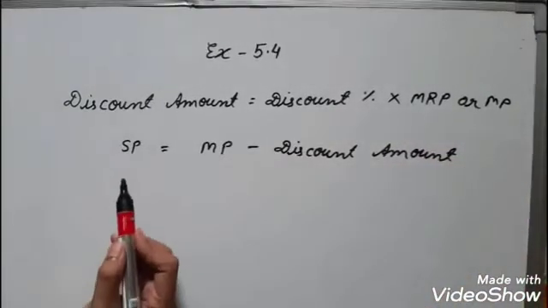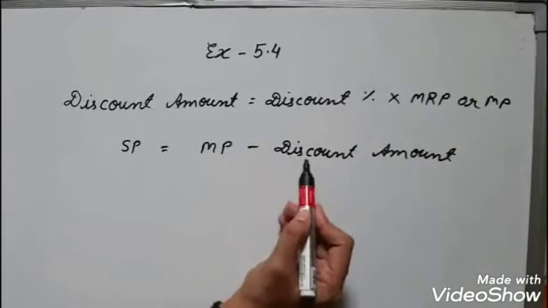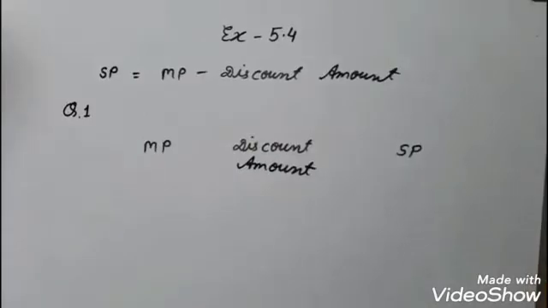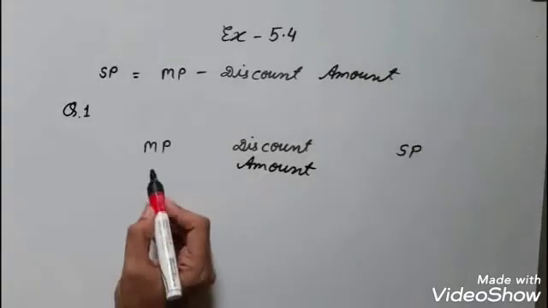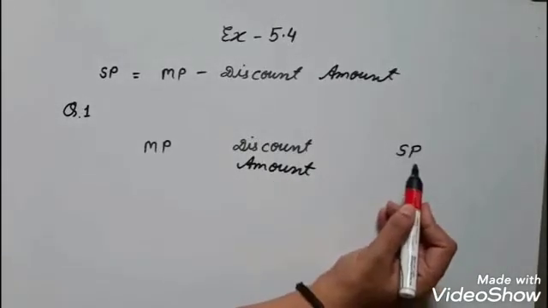And the next one is for selling price, marked price minus discount amount. So these are two formulas which we are going to use in this exercise. So let's see first question. In question number 1, we have one table to complete. So in this table, marked price, discount amount, selling price are there.